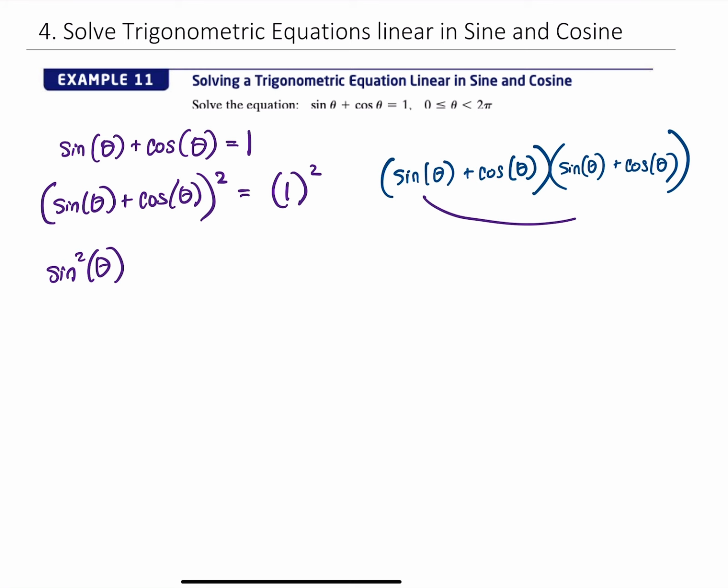Then we'll get plus sine cosine, then plus another sine cosine. So we'll get two of those. So I can say plus 2 sine theta cosine theta. Then our last two terms will be cosine times cosine. So plus cosine squared. And this is equal to 1.